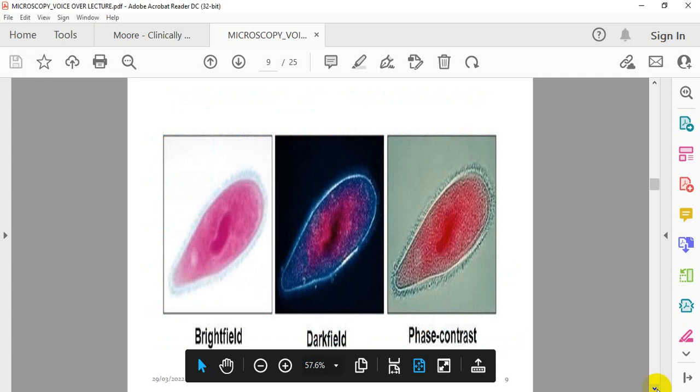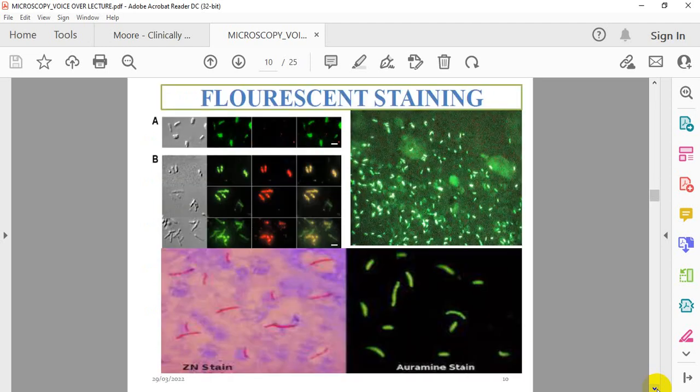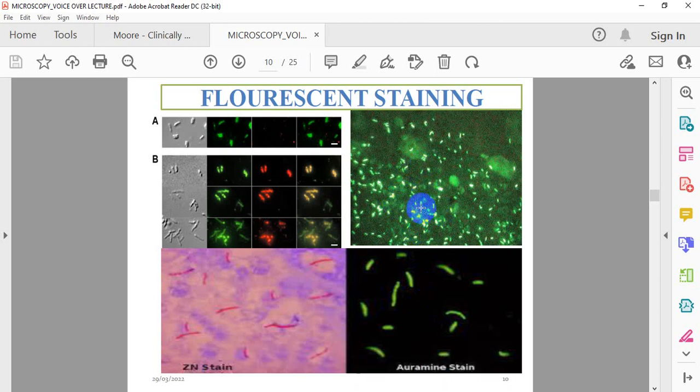So this is the bright field, dark field, and phase contrast microscope objects or specimens that I showed you. So let's look at the fluorescence. I've explained the fluorescence. You see this one over here, this one and this one are Mycobacterium tuberculosis sputum specimens.